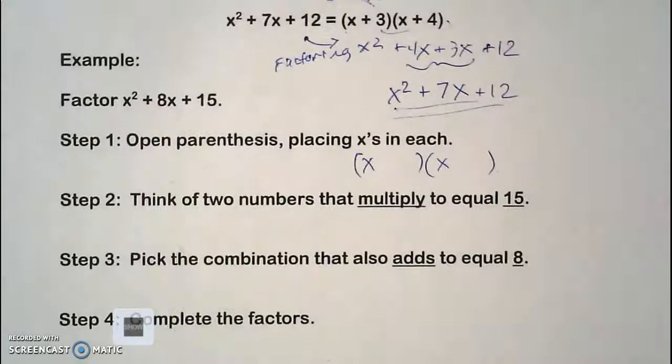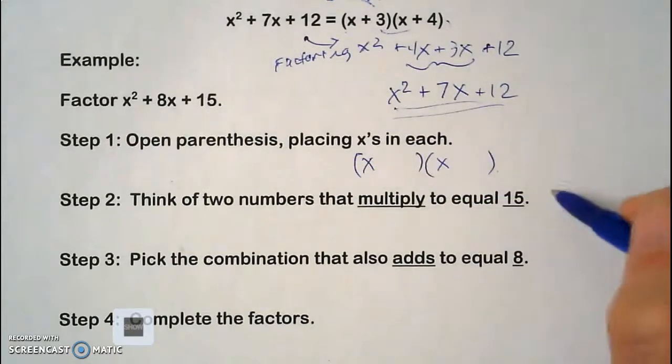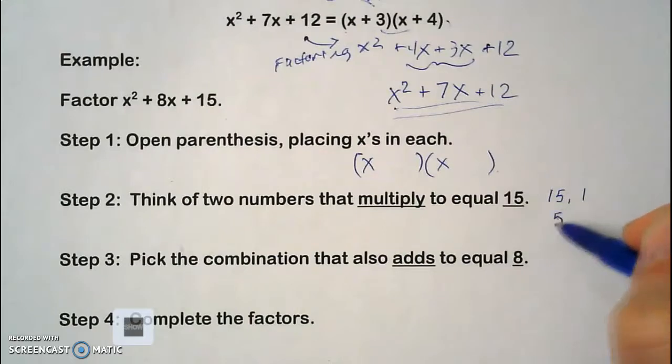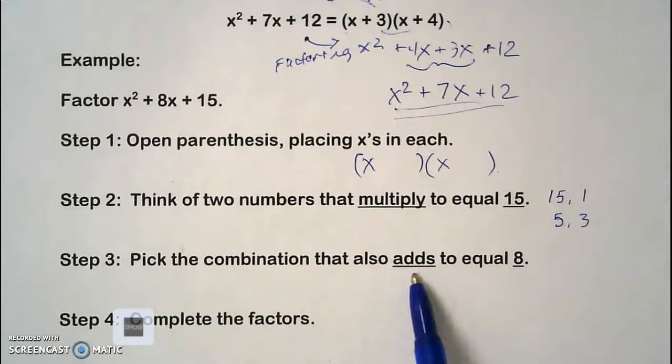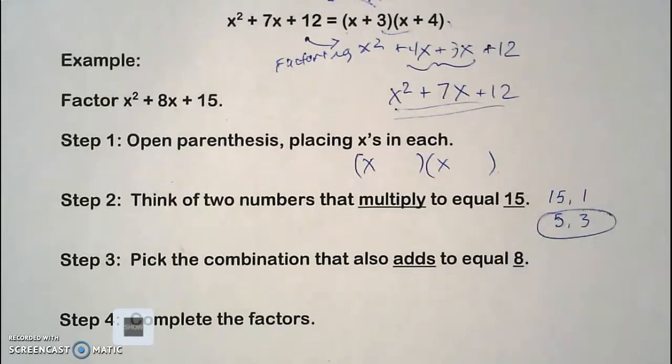So what we're trying to do is think of two numbers that multiply to 15. We only have a couple options. You have 15 times 1 and 5 times 3. That's it. Well, which of those adds to 8? See, that would be the combining like terms in the middle part. Well, it has to be 5 and 3.